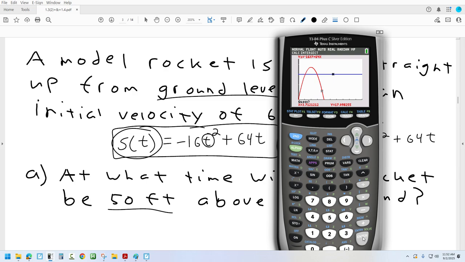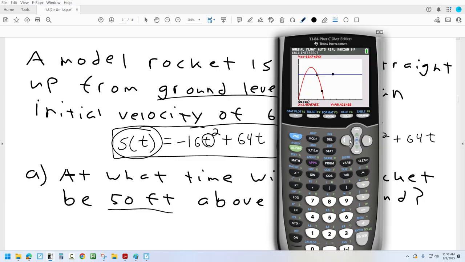Now, the guess matters. The reason the guess will matter is because there's 2 different intersection points. You need to put the guess closer to the one that you want. Okay, I'm going to do the one on the right. Doesn't have to be exact, it just has to be closer.